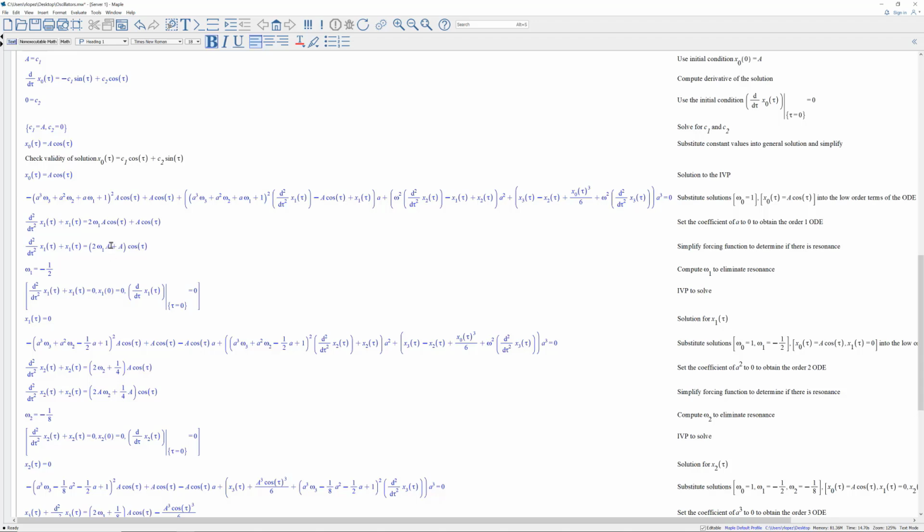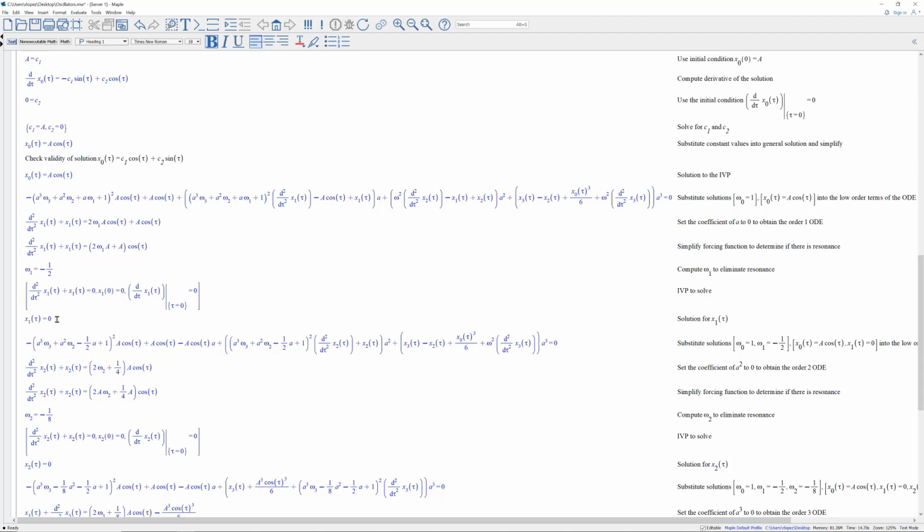And so it eliminates that term by choice of omega 1 before it solves the equation. Solves the differential equation and applies the initial data. It discovers that x1 is 0.